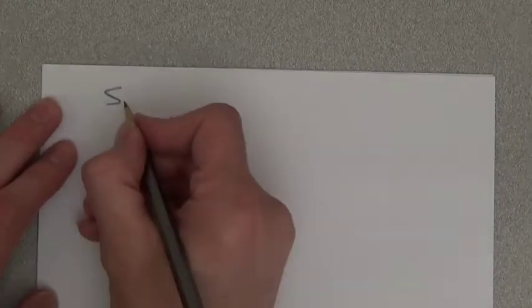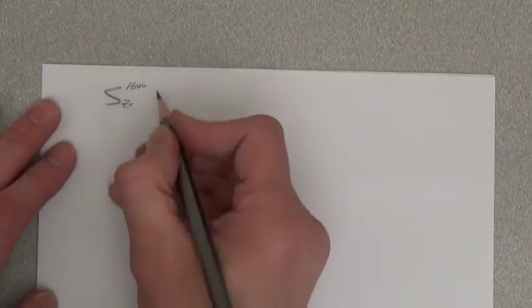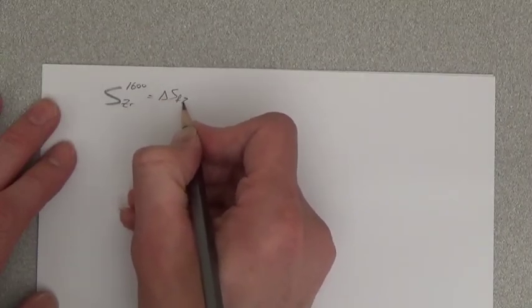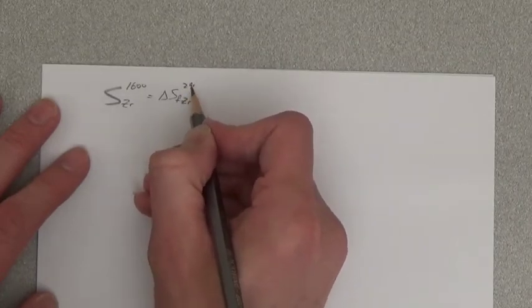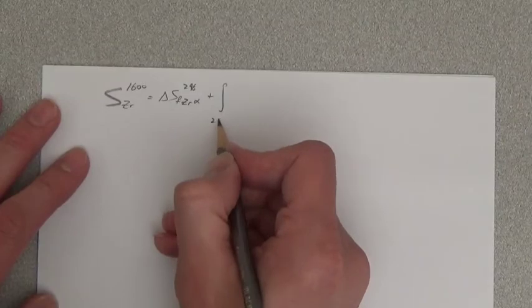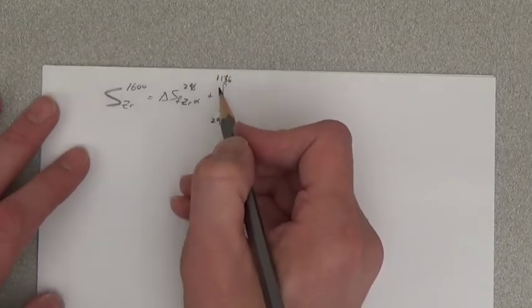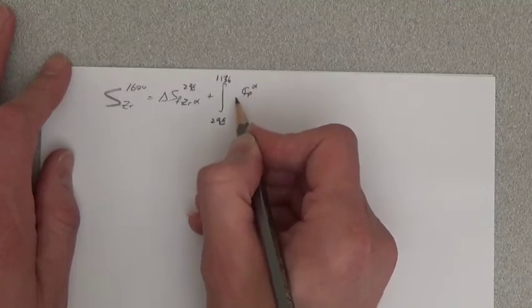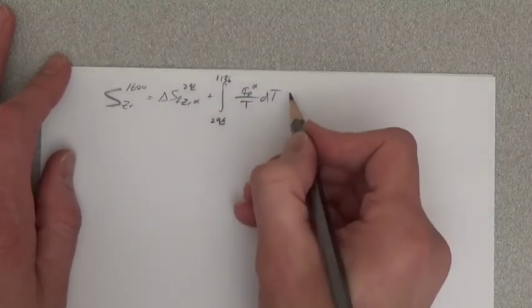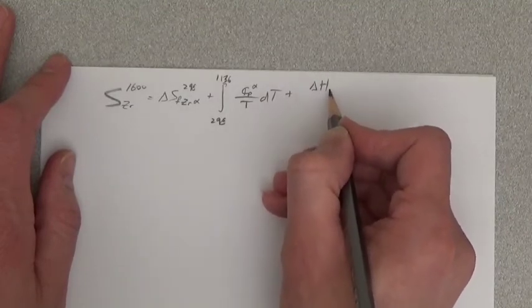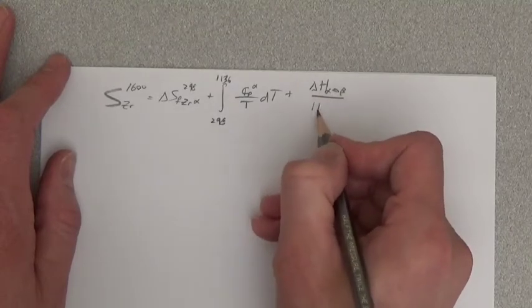And now, last step is to get zirconium. So, S of Zr at 1600 is equal to delta S of formation of Zr alpha phase at 298 plus the integral from 298 to transformation temperature 1136 of Cp alpha phase over T dT plus delta H alpha to beta divided by 1136.